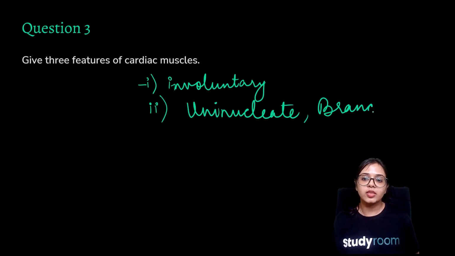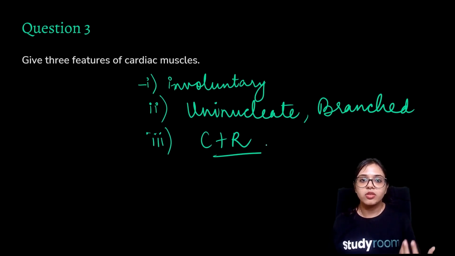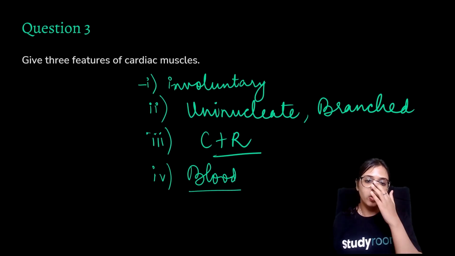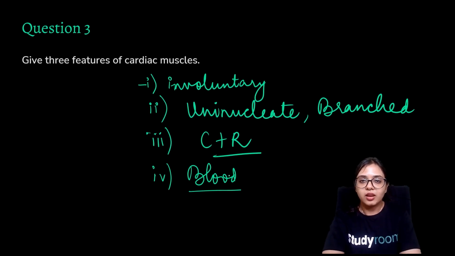There is a continuous contraction and relaxation occurring throughout life. We do not need to give it a command, it happens on its own. And of course, cardiac muscles pump blood. Owing to the contraction and relaxation of these muscles, the heart is able to pump blood.